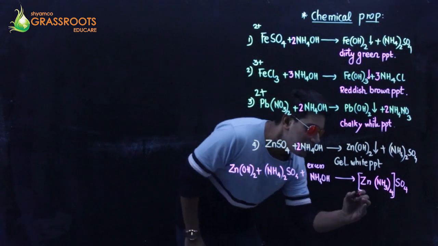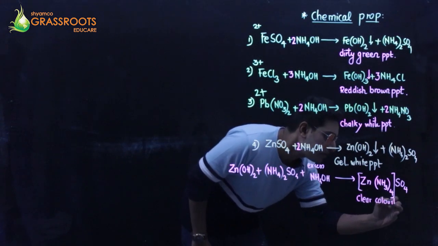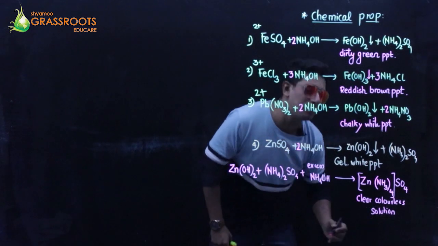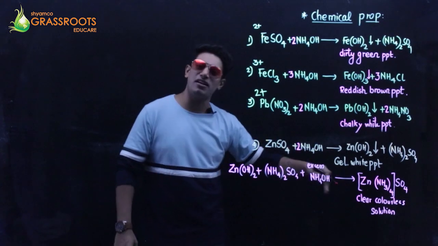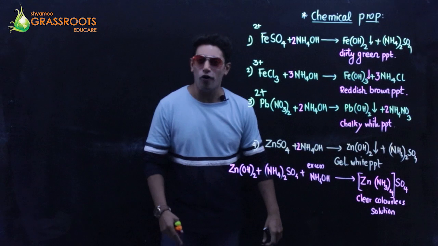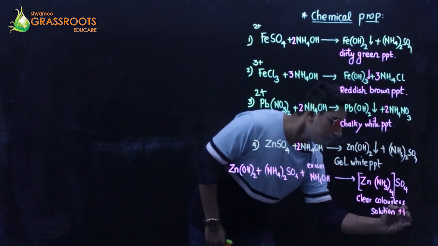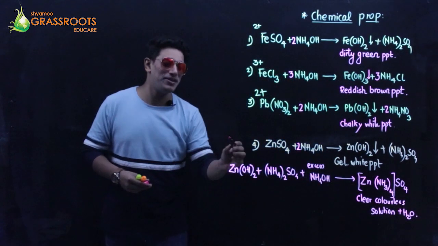And this is a clear, colorless solution. It is not a PPT anymore. The precipitate vanishes. It becomes a clear, colorless solution of tetraamine zinc sulfate plus water. Fine. Right with this? So it's a two-step reaction.